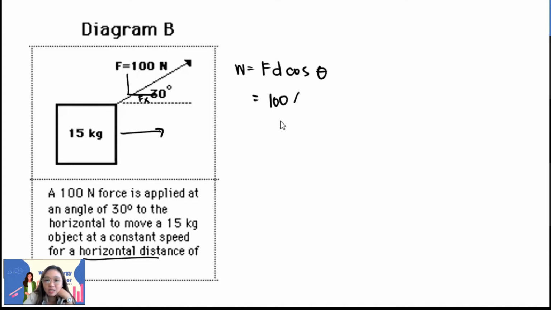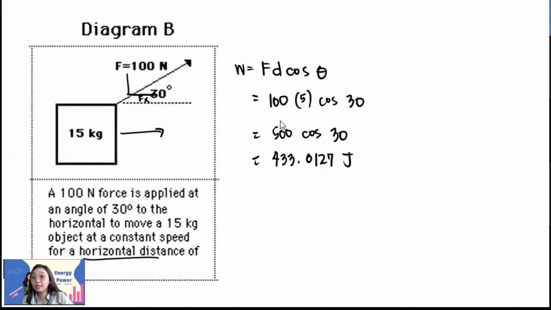So, F d is still 500, times cosine 30. 500 cosine 30 is equal to 433.0127 joules. Okay? Any questions? So, that's how it goes.